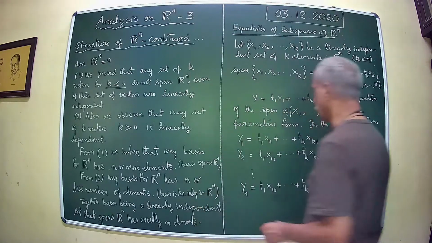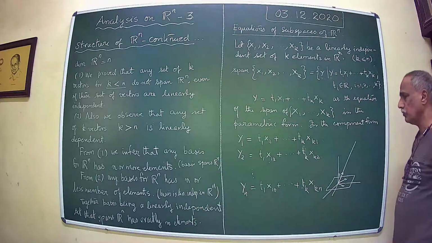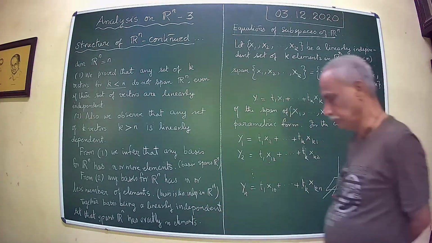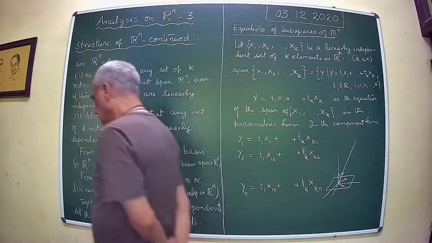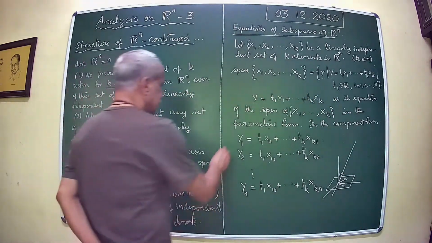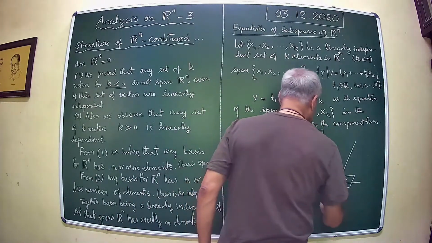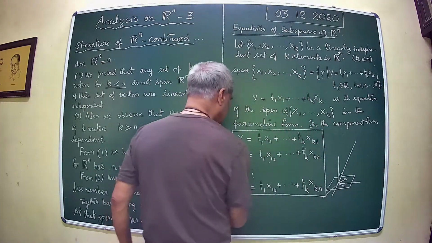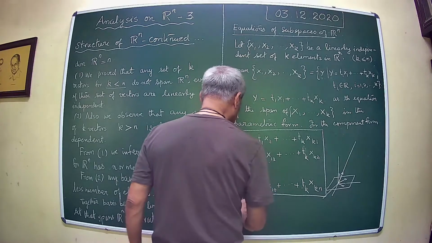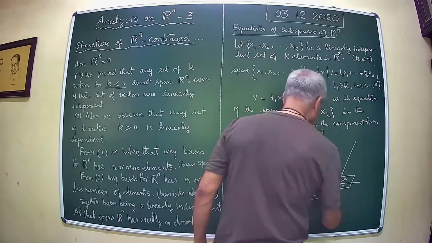These are the components, y1, y2, etc. This gives the component-wise equation for the span of x1, x2, etc. xk.